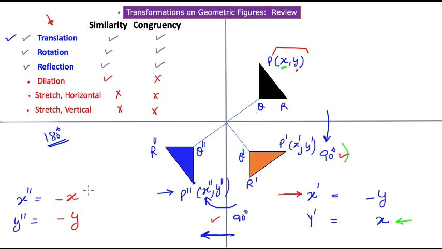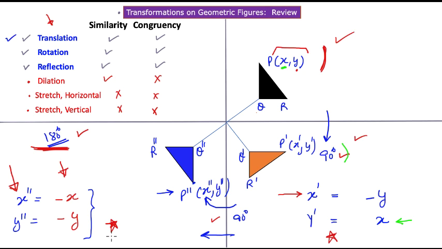I will leave it up to you to work out how I arrived at the conclusion that x double prime, y double prime is equal to negative x, negative y. I am assuming that I want to calculate the values of x double prime and y double prime after a rotation of 180 degrees with respect to the original position right here.